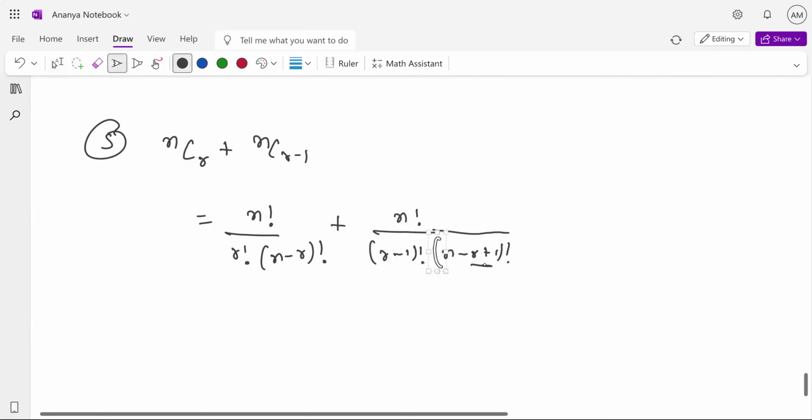You know why this becomes like it was n minus, this r minus 1 was already there, right? So it was written like this. I have represented this. Clear? This is just a representation of it. Now the whole thing can be read as what?